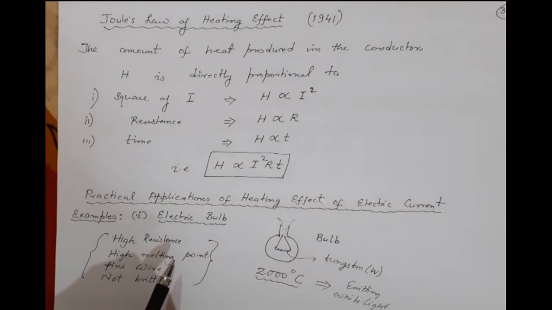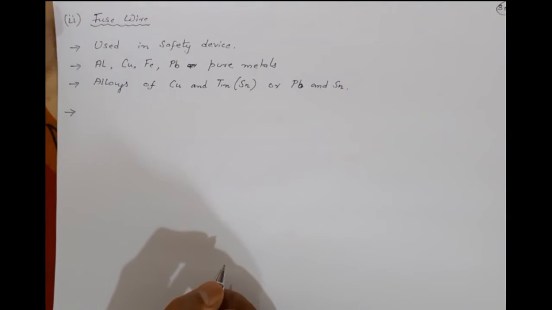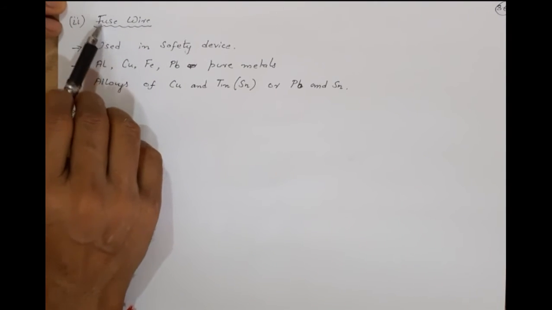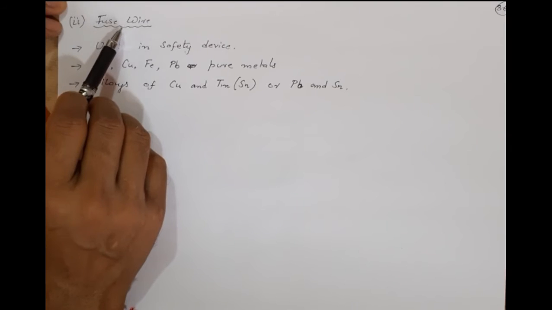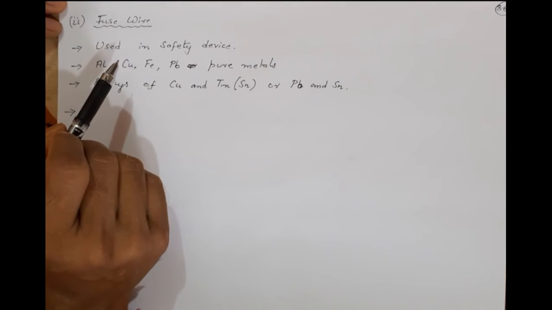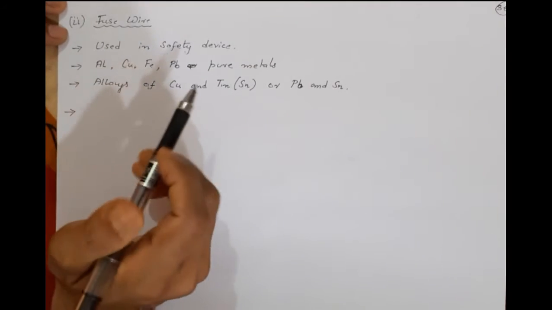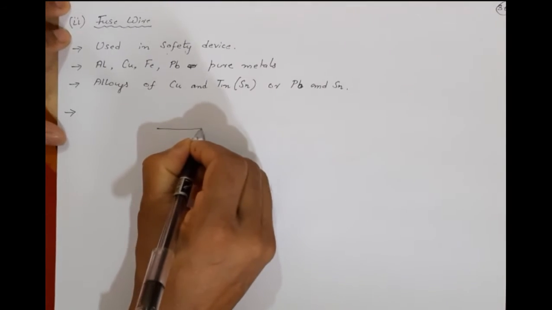Now the second use, very useful, is the fuse wire. You must have heard the name fuse. Fuse wire is also made because of the heating effects of current. The earlier example was the electric bulb; this is used in safety devices. How? Let me draw a device.